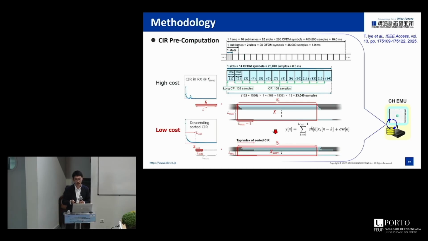These CIRs are applied to the baseband IQ stream through convolution. On the FPGA, this is implemented as a tapped delay line structure, TDL structure. And the signal is shifted by each delay and summed over the available taps.